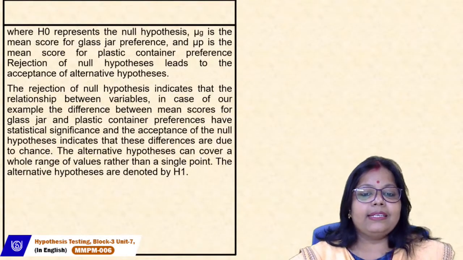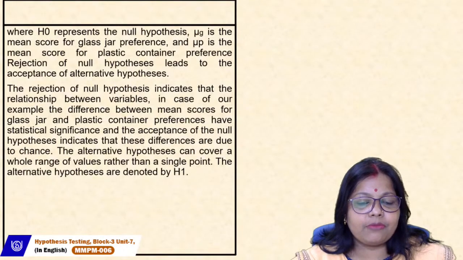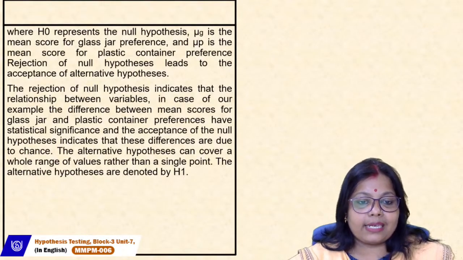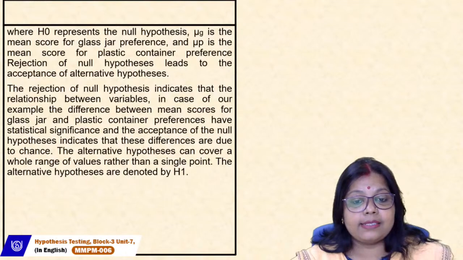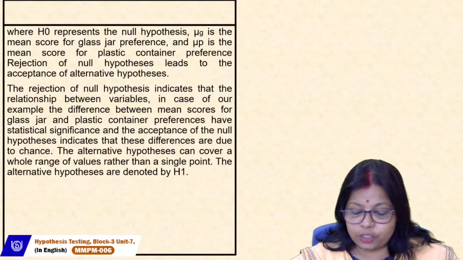So when we are rejecting the null hypothesis, it means we are accepting the alternative hypothesis. Then what is the meaning of this? Now these differences came, for what reason? It is due to chance only. The alternative hypothesis can cover a whole range of values rather than a single point. The alternative hypothesis is denoted by H1.